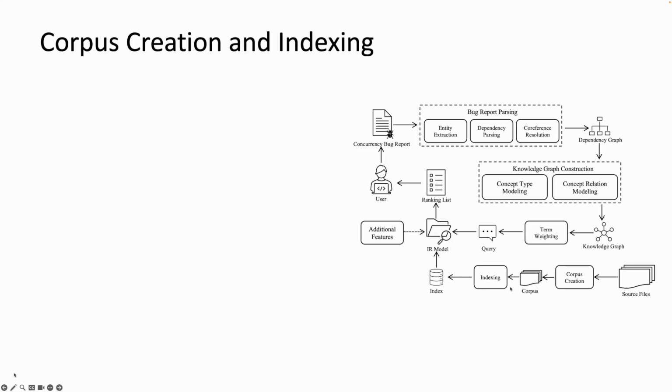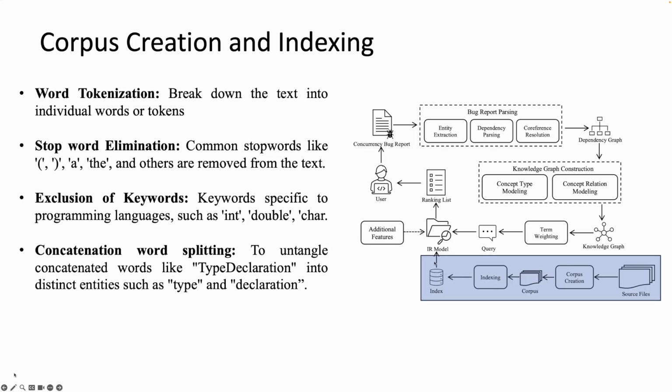First, for the corpus creation and indexing, we have 4 steps, including word tokenization, stop word elimination, program keywords removal, and concatenation word splitting. For example, a code entity TypeDeclaration will be separated into 2 individual words, type and declaration.